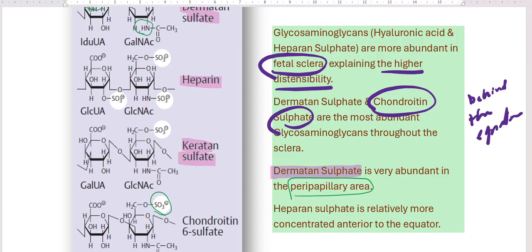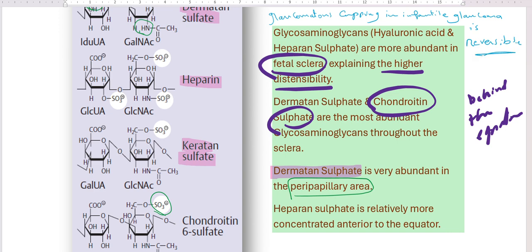Glaucomatous cupping in infantile glaucoma is reversible. This is important.